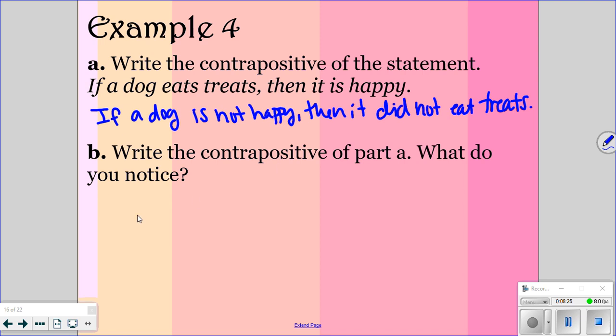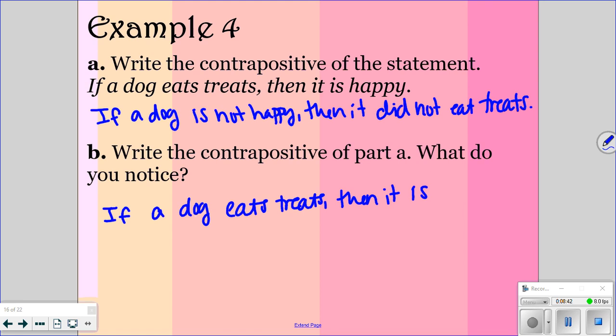So if a dog did eat treats, so if a dog eats treats, then it is not happy, so then it is happy. And what do you notice? That's the original statement that you started with. So if you take the contrapositive of the contrapositive, you get back to the original statement.